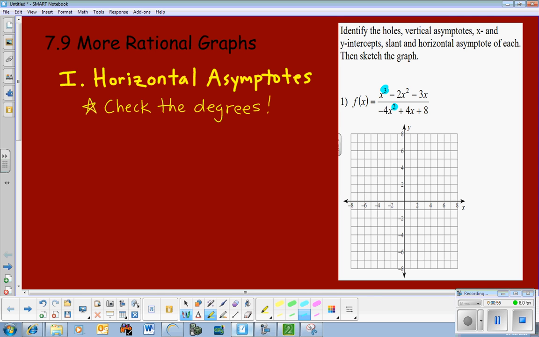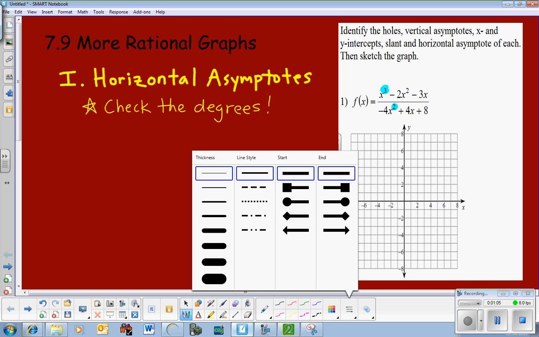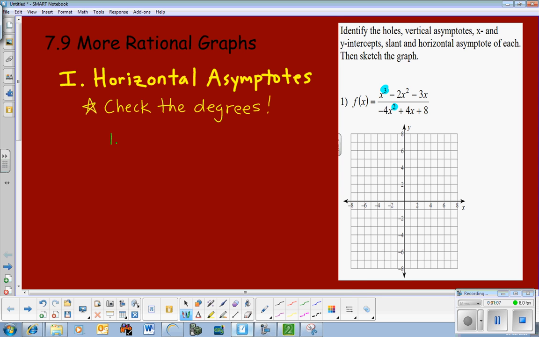In this one, you can see that the degree of the top is bigger. The top is cubic and the bottom is quadratic. So what's going to happen is there are 3 rules. Number 1, if the top is greater than the bottom, then that means none.